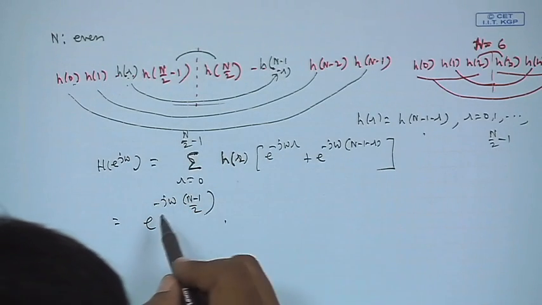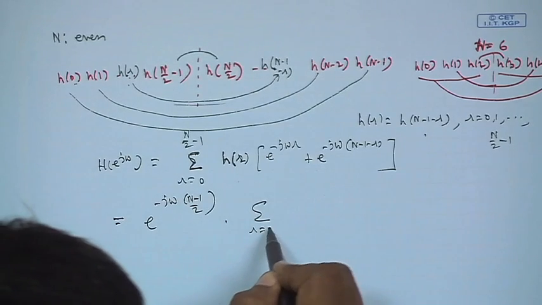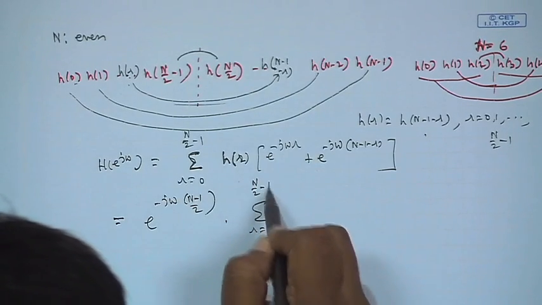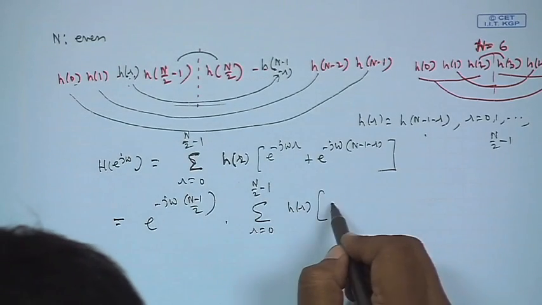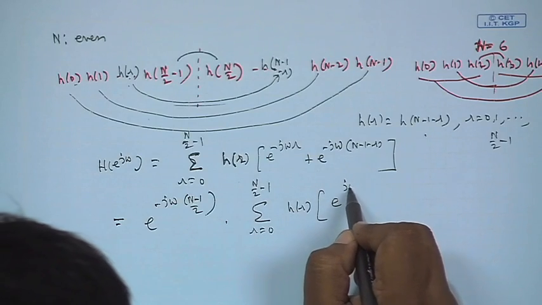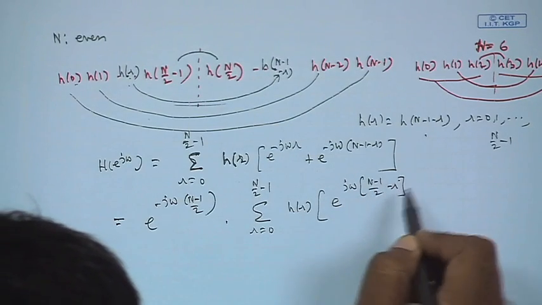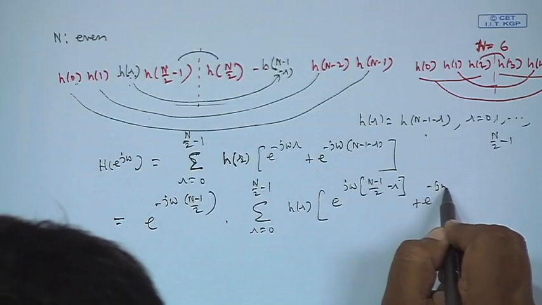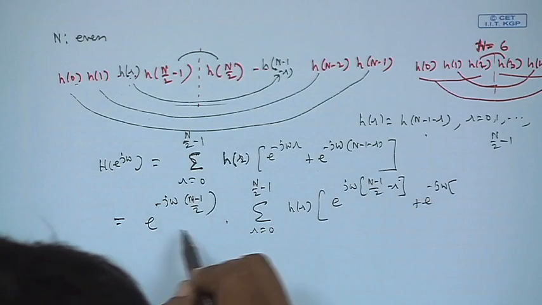Then what will happen? It is very much like the previous case. H r, I have to bring it back inside. So, it will be with a positive sign, j omega n minus 1 by 2 minus r, and where minus j omega n minus 1 was already present. After that, n minus 1 by 2 has gone.